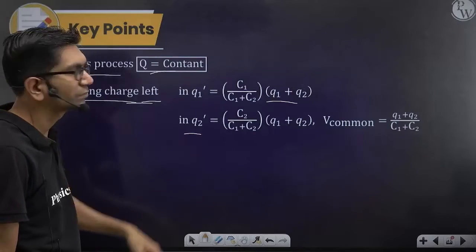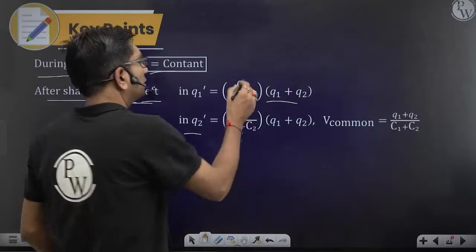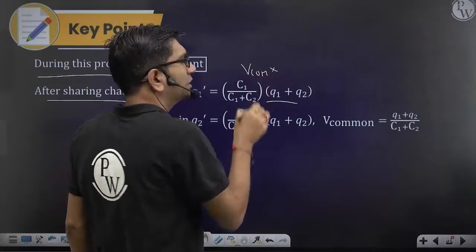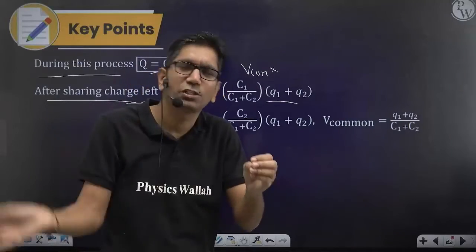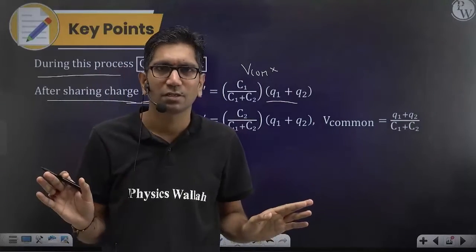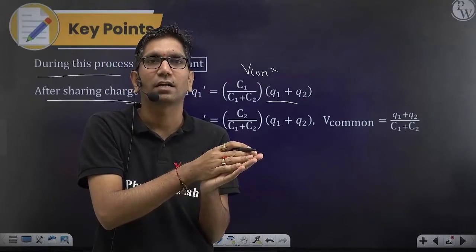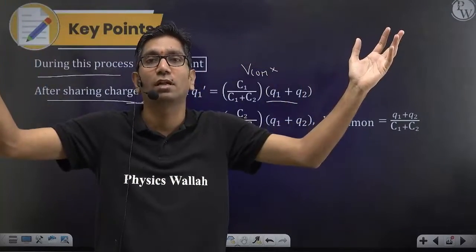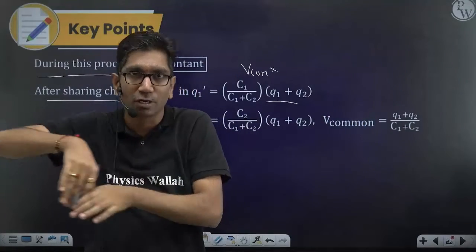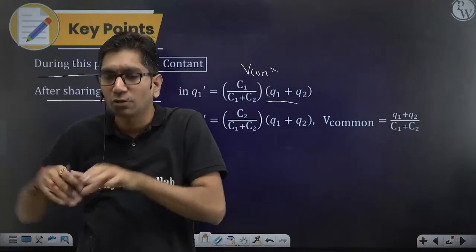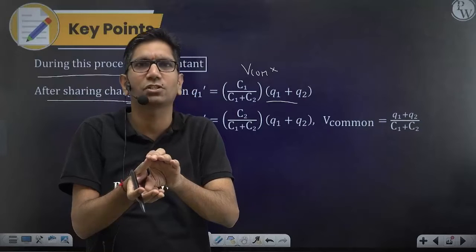See here, beta. Just now I told you V common potential. Charge is distributing, am I right? Yes or no? First you connected the battery, the capacitor fully charged. Now you have removed this and replaced it with another capacitor.